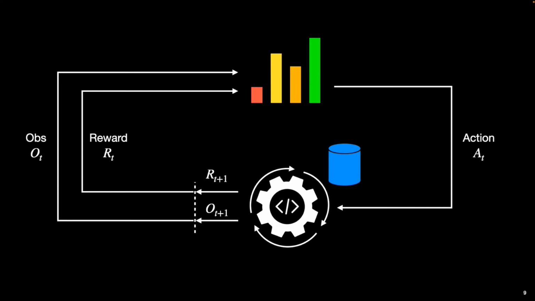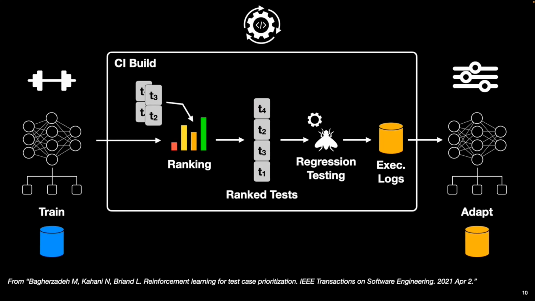But we are going to cheat. Let's say we are not actually going to execute test cases when we train the agent, because we are going to exploit the execution logs of the previous CI cycles in order to train the agent. The authors envision the use of reinforcement learning in production in this way.